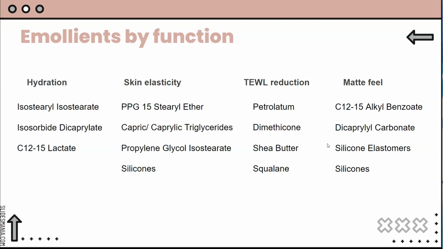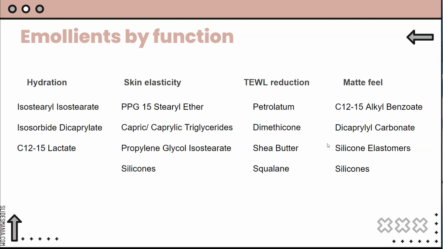If you are concerned about skin aging, in which your skin elasticity is kind of going down, then you'd want emollients like PPG15 stearyl ether, capric caprylic triglycerides, propylene glycol isostearate, or silicones, which really increase the elasticity of your skin.